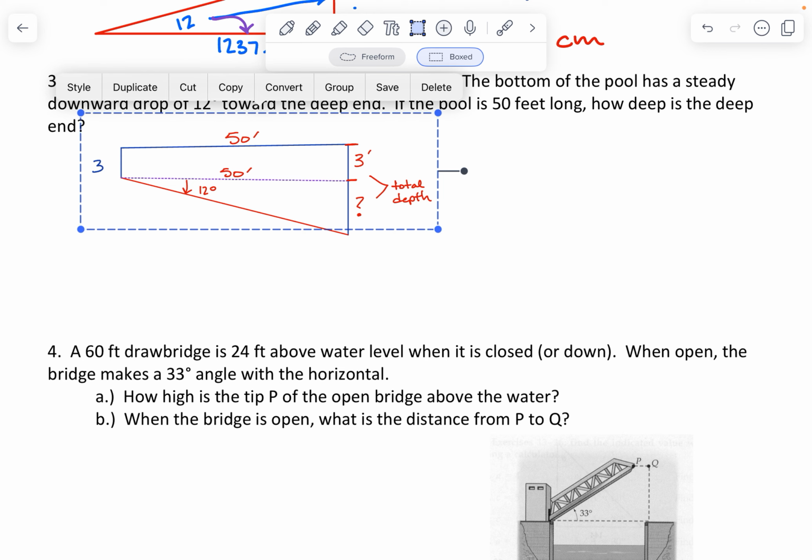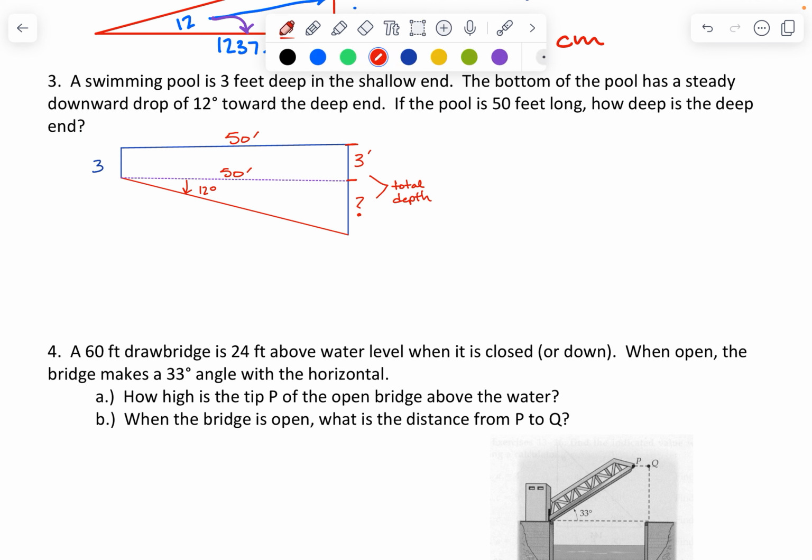So once I've got that in place, I am looking for the opposite, and I've got the adjacent. So I'm going to be using tangent. Tangent 12 equals opposite over adjacent. And I can multiply both sides by 50.